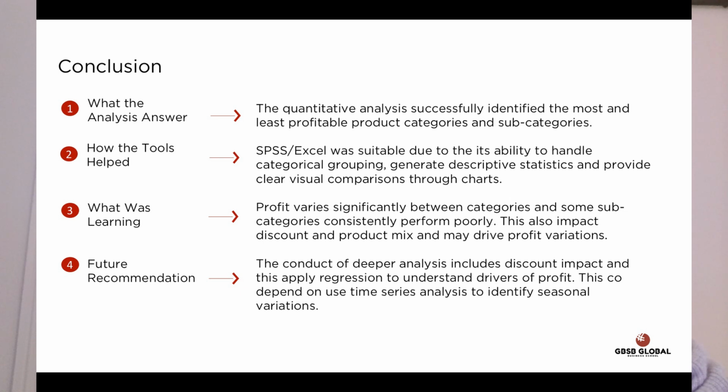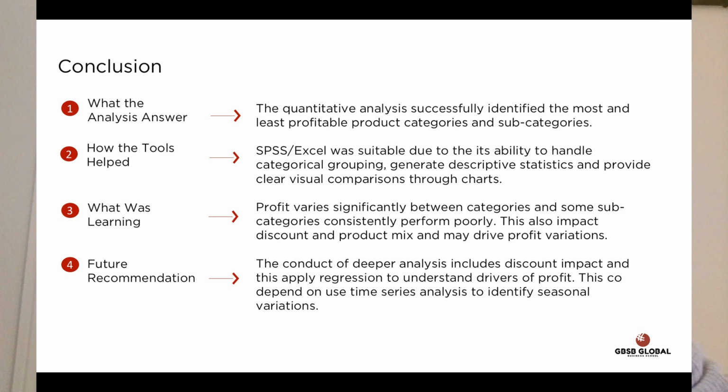So my conclusion: we can conclude that the selected method and tool were highly efficient in answering the problem statement. The descriptive statistical approach allowed me to clearly identify which product categories perform strongest and weakest in terms of profitability.